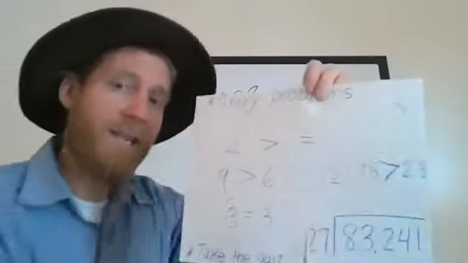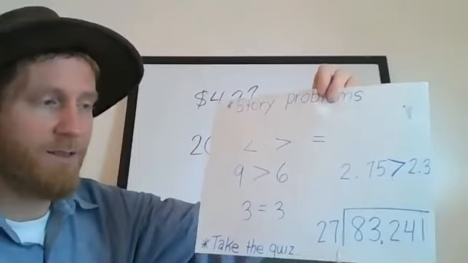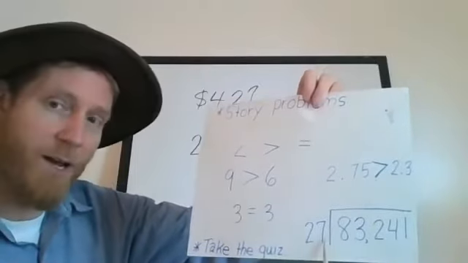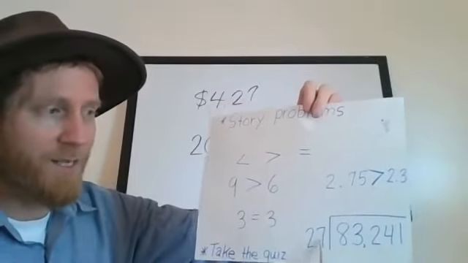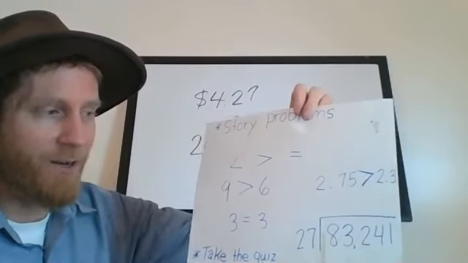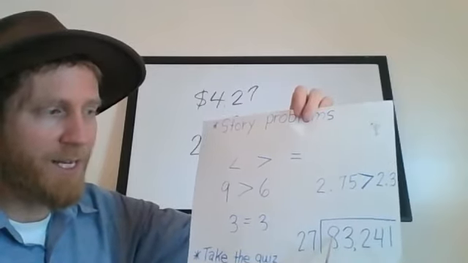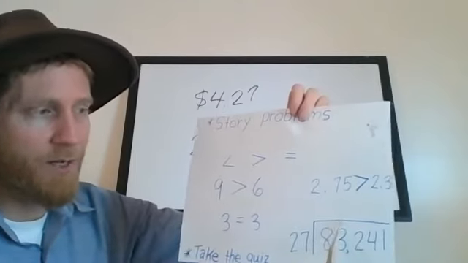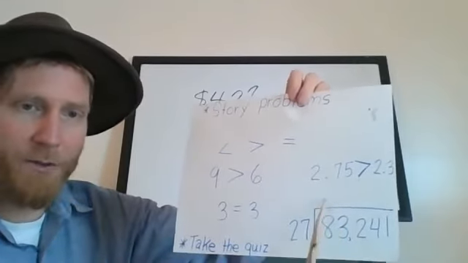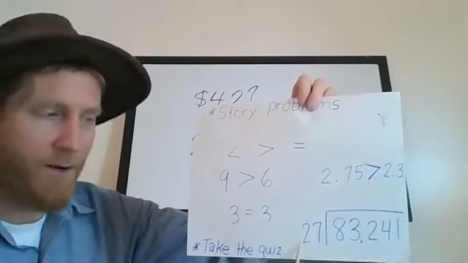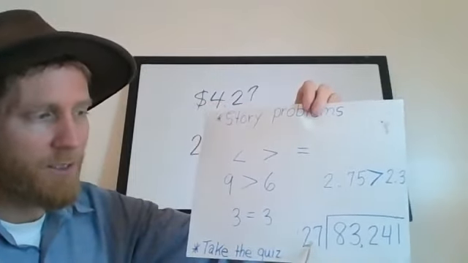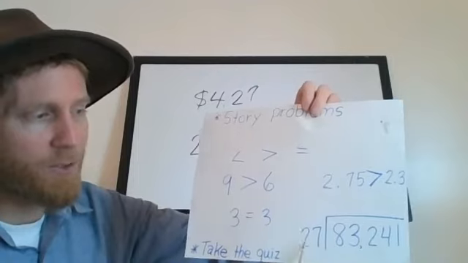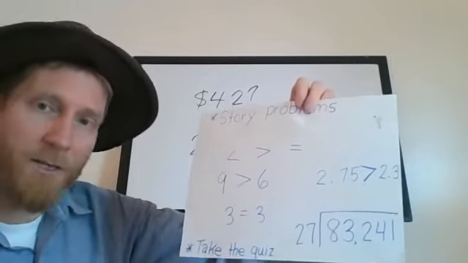You really need to get to the point where you can do these and do them well. 27 into 83, right? We know 27 can't go into 8, so can it go into 83? It's less than 83, so we're going to put a number above that 3, aren't we? But what number? 27. Let's make it simple. 2 into 8, 4 times.